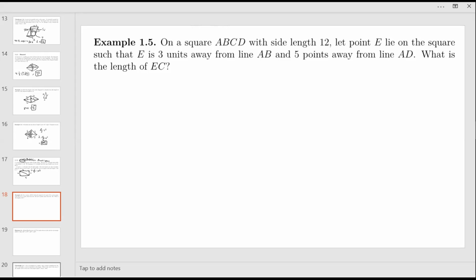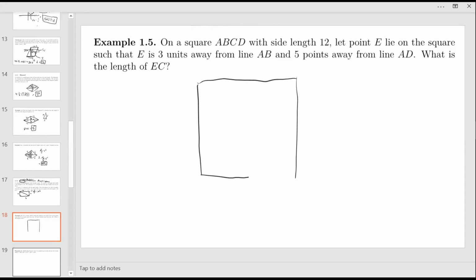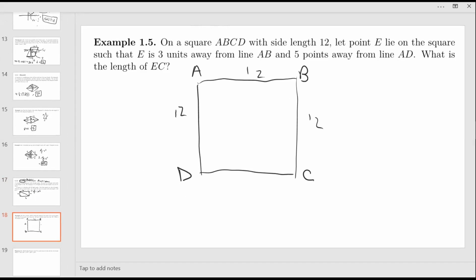So let me draw it out. So it's saying the square has side length 12.